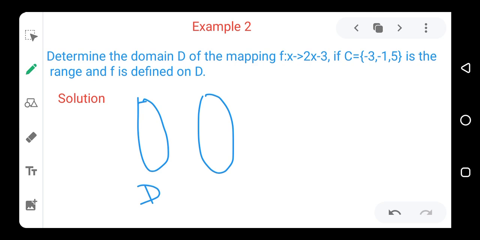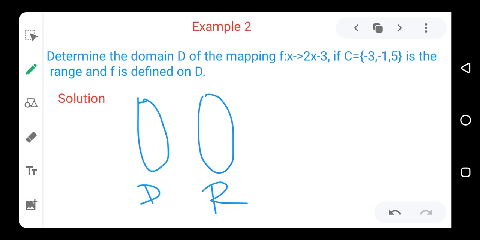A collection of the images in the codomain is the range. So we're actually going to map this with this. So we already have the images in the range in the codomain. The images in the codomain is called the range.